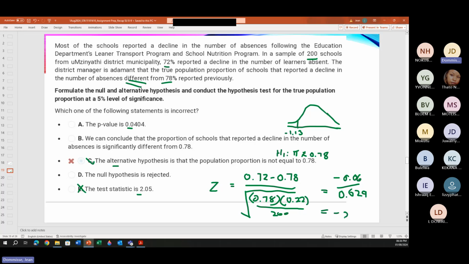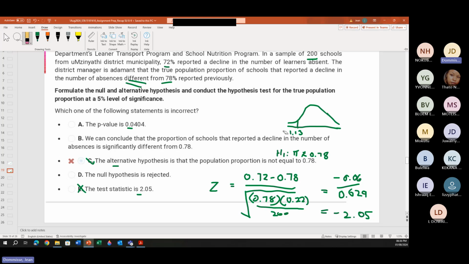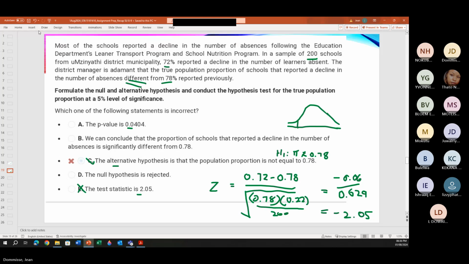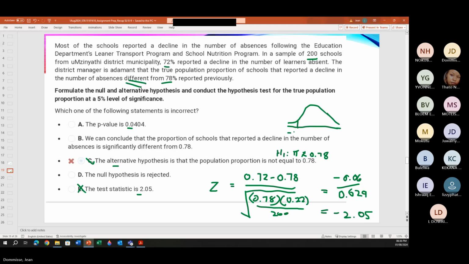Better, minus 0.06 divided by 0.029. Okay, still the test statistic is wrong because it is negative and not positive. So that is still making it wrong. So let's get negative 2.05.